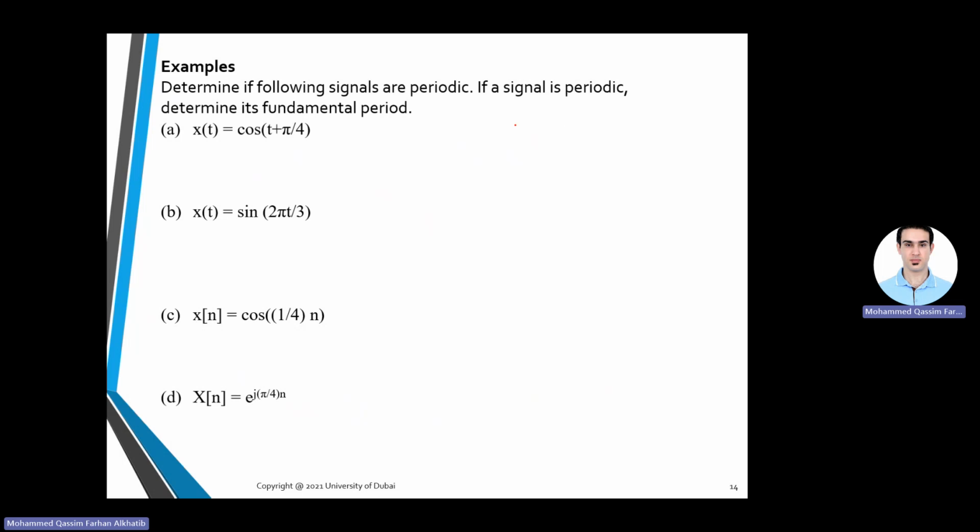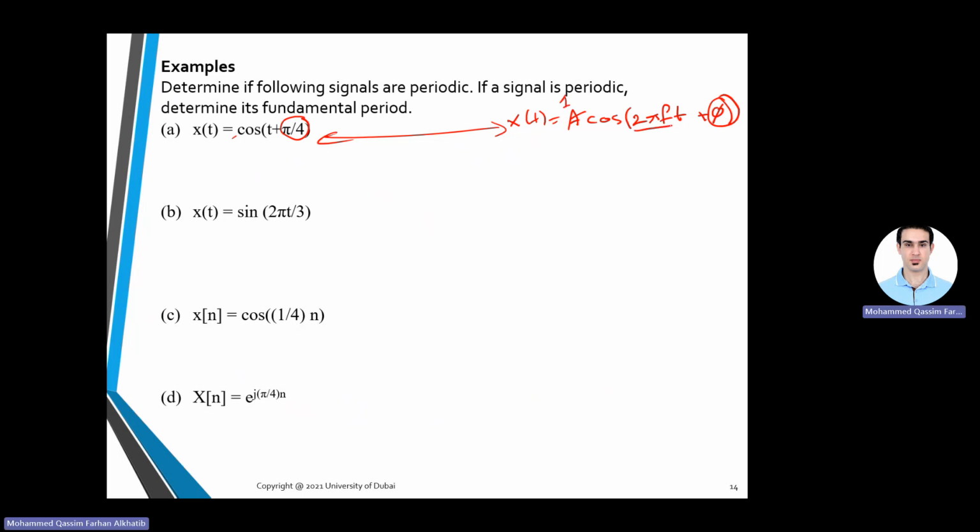Remember, the cosine general form equals A cosine(2 pi f t + phi). Now compare these two together. This is my phase shift, which has nothing to do with whether the signal is periodic or not. It's just a phase shift, so I can exclude this value. I don't have to worry about it. Now, what about amplitude? It is a 1.